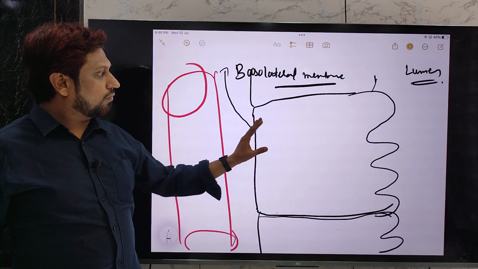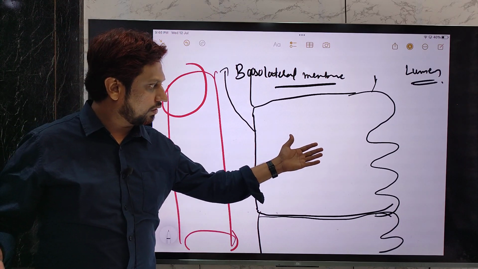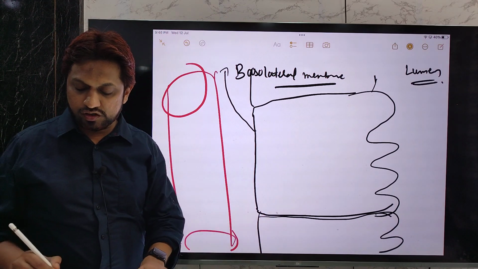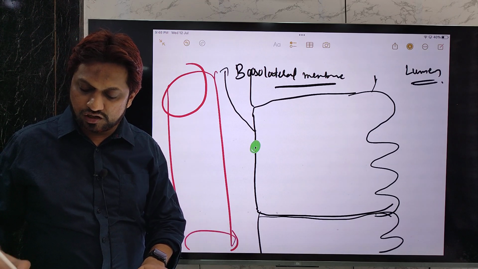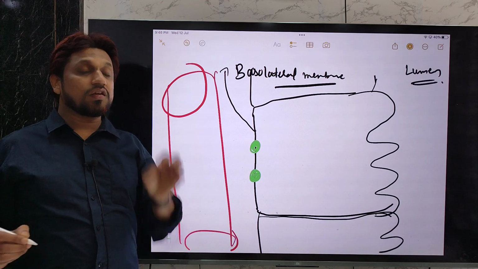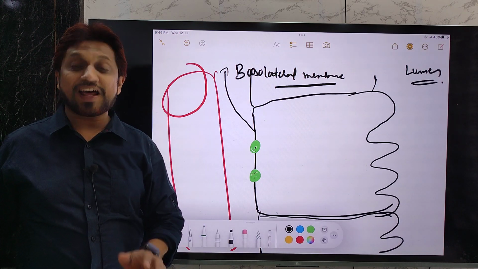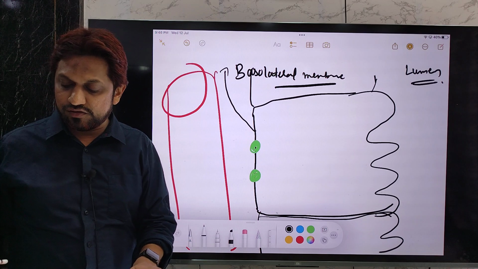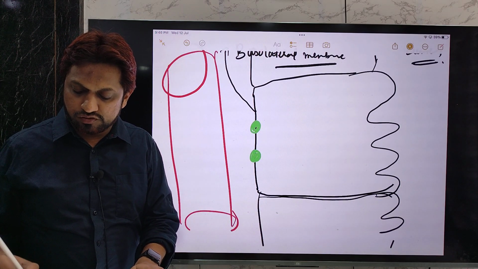Now on this basolateral membrane of the proximal convoluted tubule, there are certain protein transporters. This protein transporter is known as the sodium potassium pump, or simply sodium potassium ATPase. Hope you know this thing.